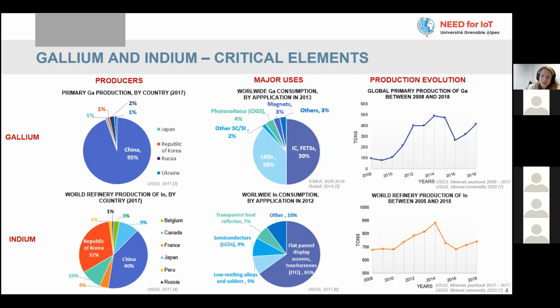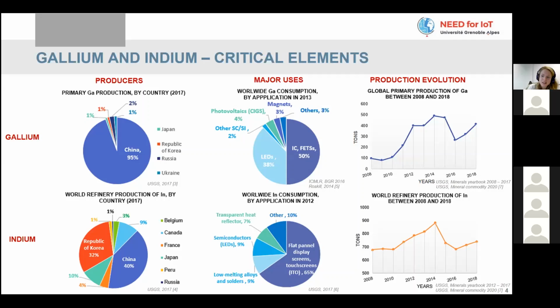We've seen that over the last 10 years, more and more producers are closing, and now China is the main producer for this element. For indium, you have more producers in the world, but still you have two major producers, which are the Republic of Korea and China.